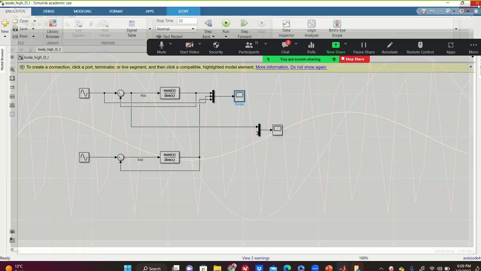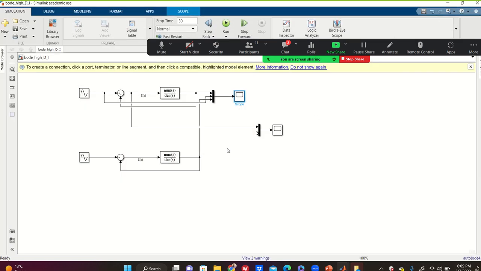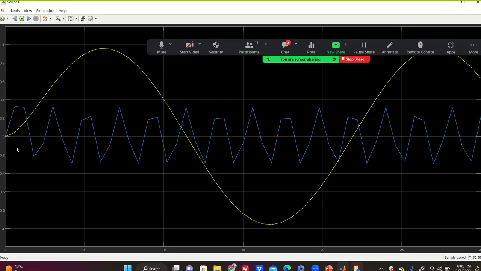So this is for that. And you see that if I plot the error signal of the high frequency versus the low frequency, here we go.